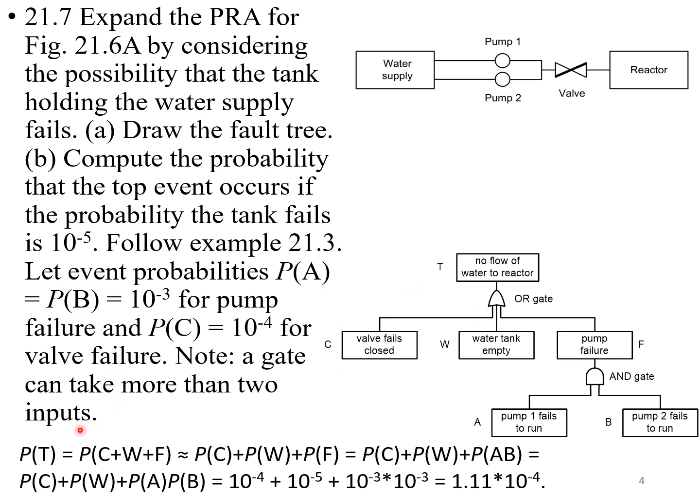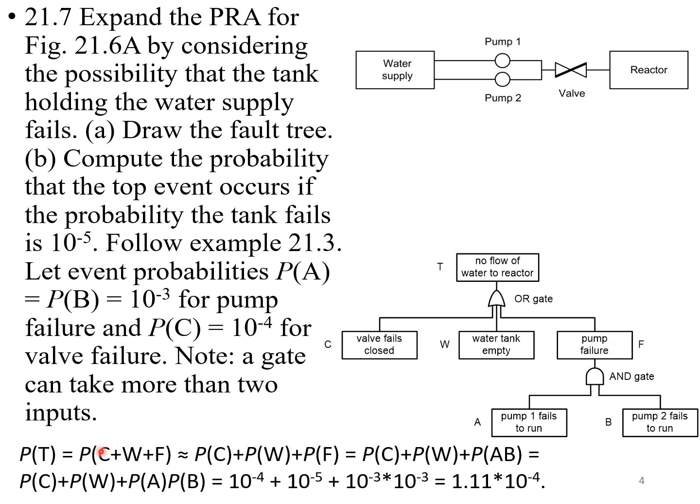Then we calculate the probability of no flow to reactor. So that is top event PT is equal to P of (C plus W plus F) because they are OR relation.